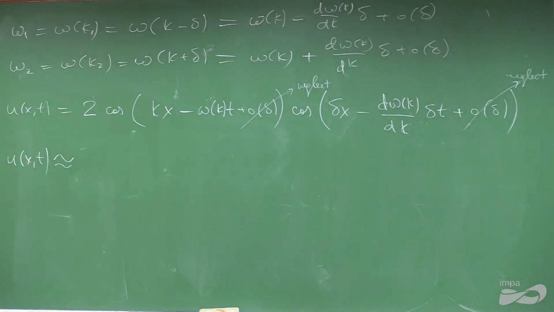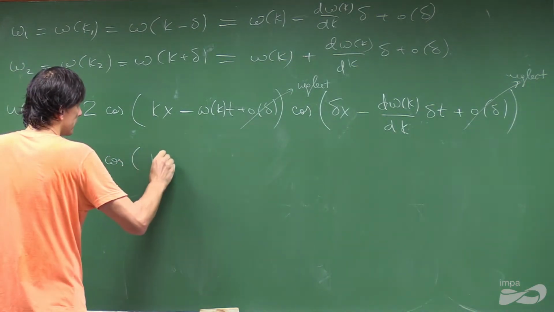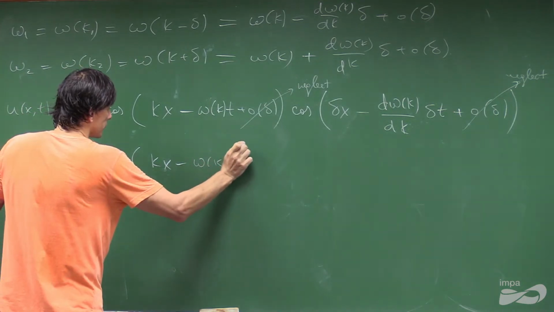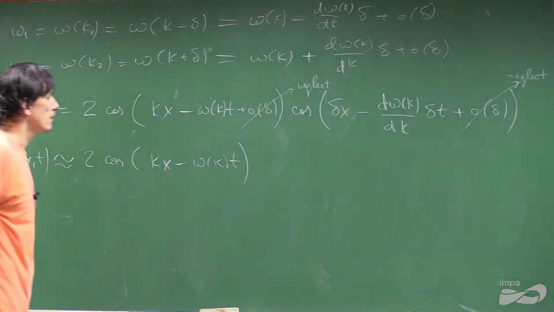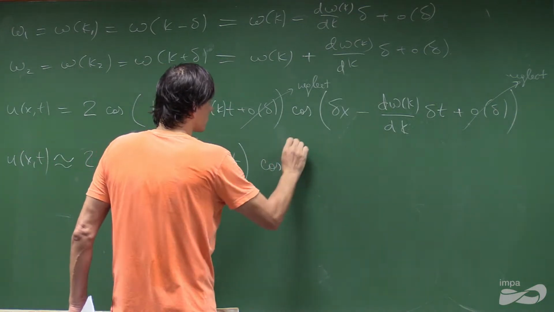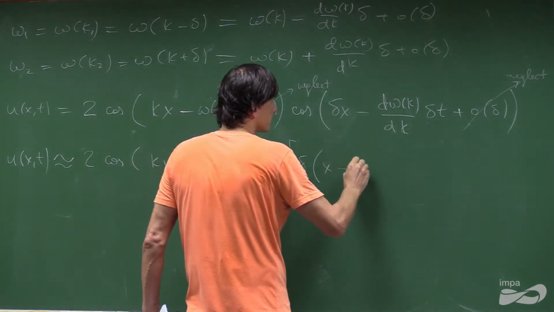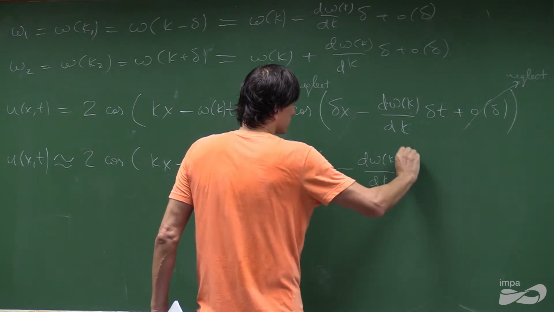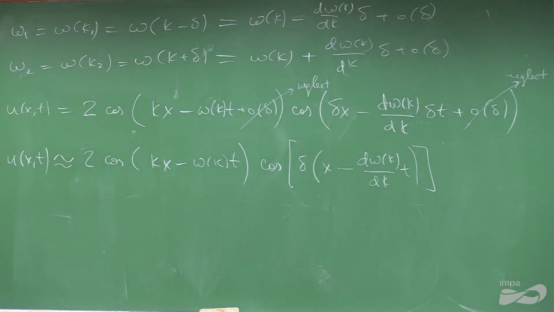And whenever you neglect small terms, you get an expression which is, first, just a pure cosine. And next you also have a cosine, and here what we do is we take delta out of the parentheses. And we can do the same here.